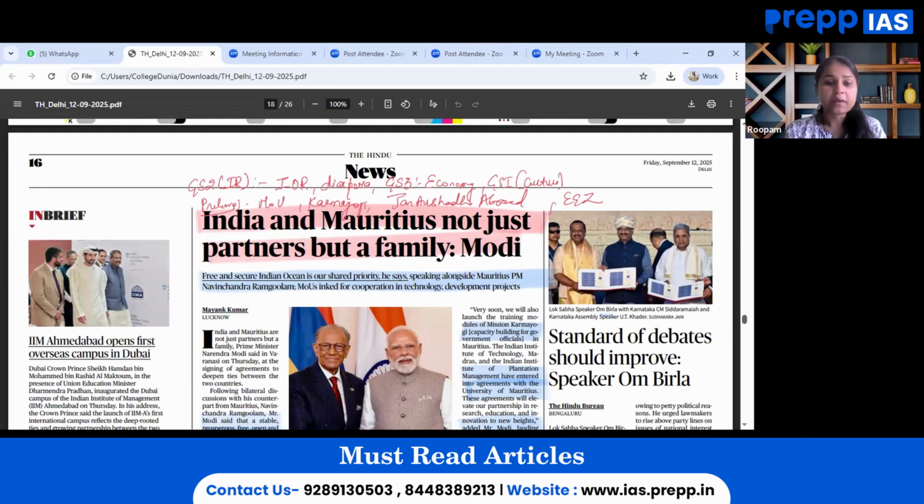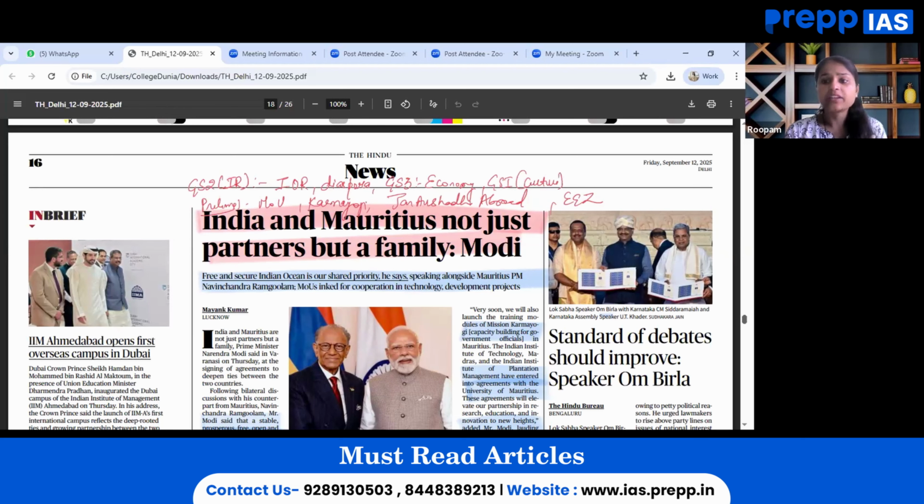Also relevant for GS paper 2 economy, wherein the economic package and infrastructure support that we provide to Mauritius can be read and revised. GS paper 1, wherein the civilizational ties under the theme society and Indian diaspora influence can be read and revised.